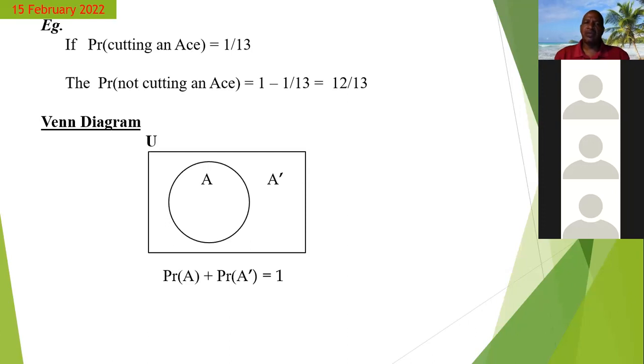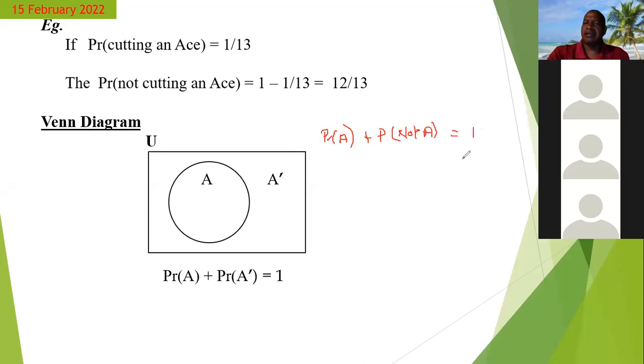So we know that the two probabilities, when you add them, you should get 1. So in other words, the probability of getting an ace plus the probability of not getting an ace would be equal to 1.